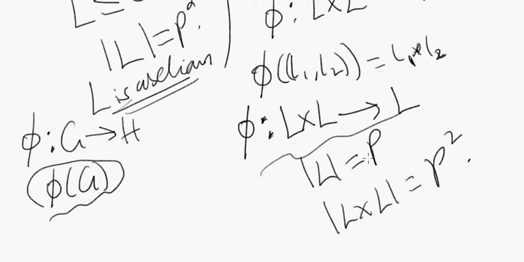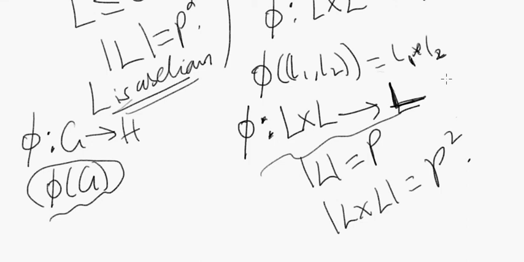So again, it's questionable whether this is helping us at all. Even if we got our best wish, even if the order of L was actually p squared, and even if we actually had L is abelian, would that ever help us in obtaining an isomorphism between L cross L and some subgroup of K?